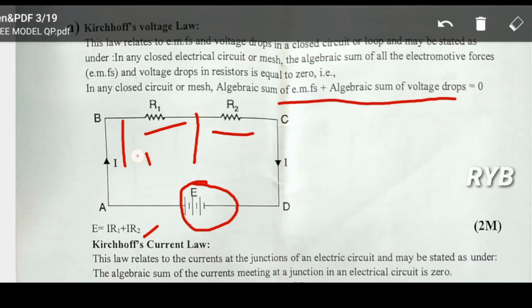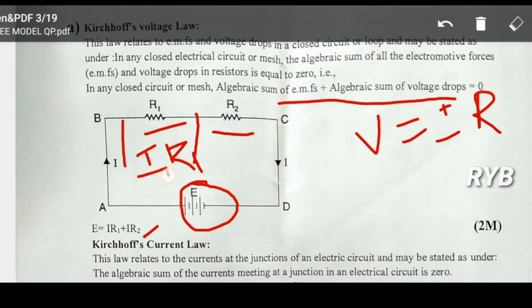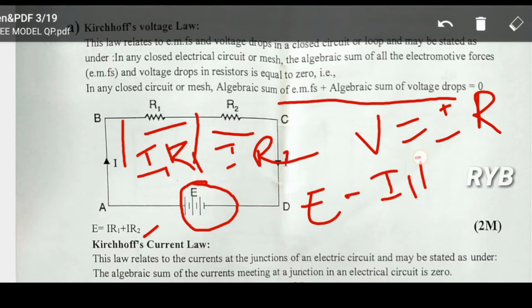V equals IR is Ohm's law. The voltage across any element equals I into R, so I R1 plus I R2 is E. Or the total voltage drop equals 0, meaning E minus I R1 minus I R2 equals 0. That is KVL.